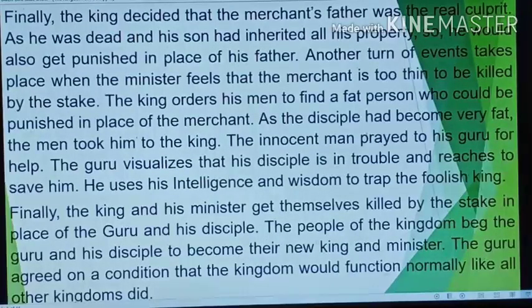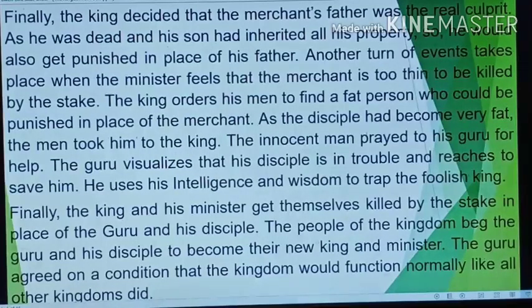The innocent man prayed to his guru for help. The guru visualizes that his disciple is in trouble and decides to save him. He uses his intelligence and wisdom to trap the foolish king.